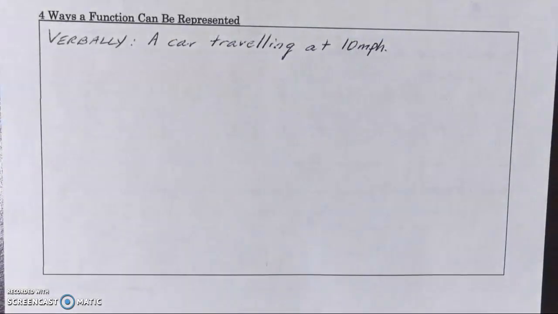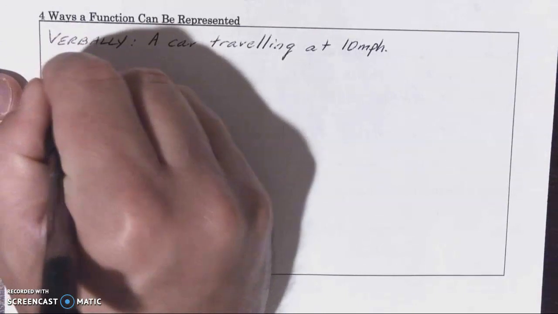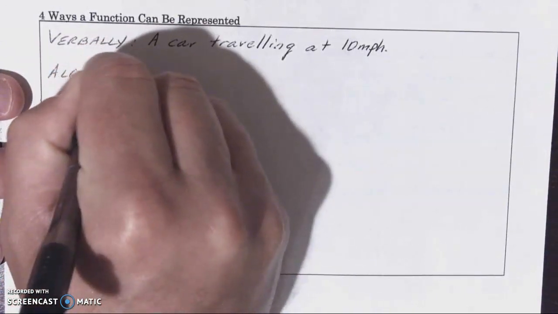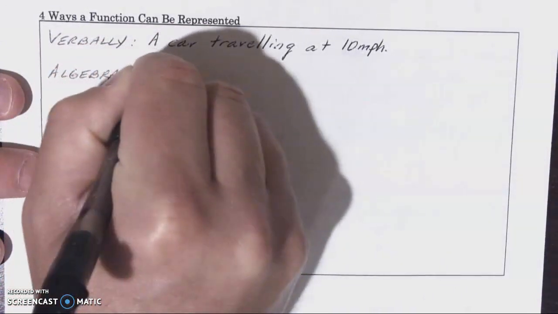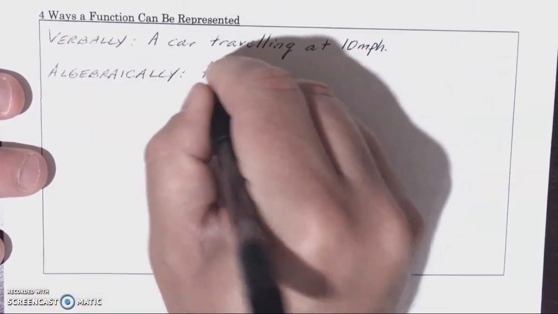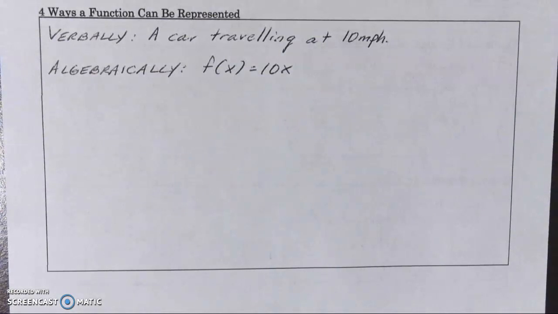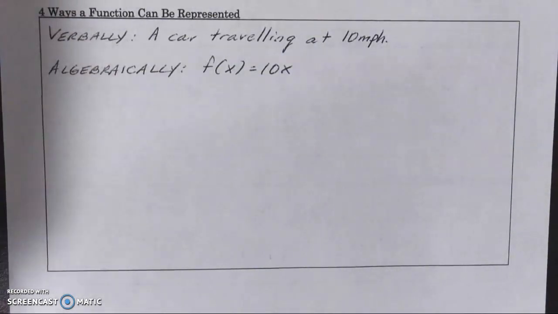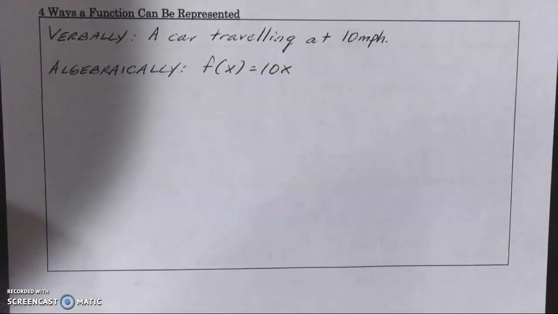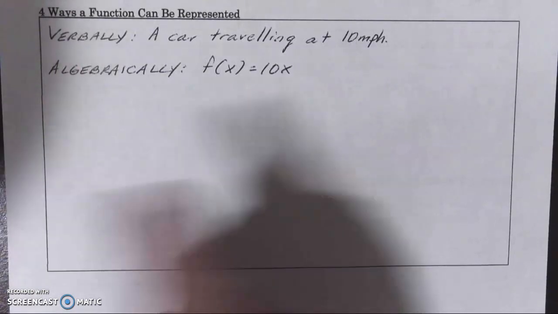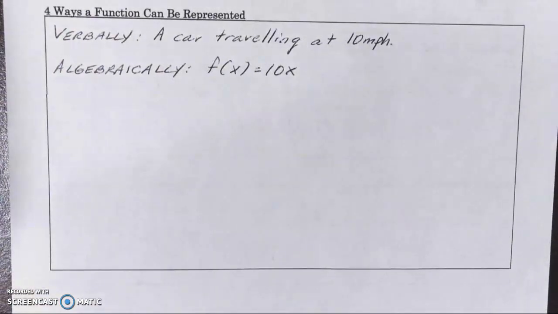I could say that to you, and really that would represent a function. The algebraic representation of that function might look like this, where f of x might be representing the number of miles, the x the number of hours.